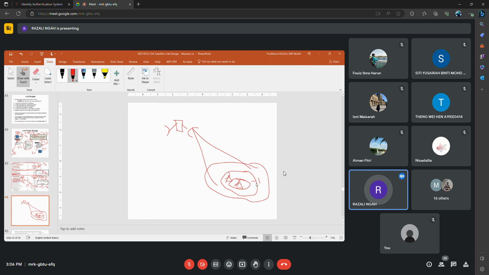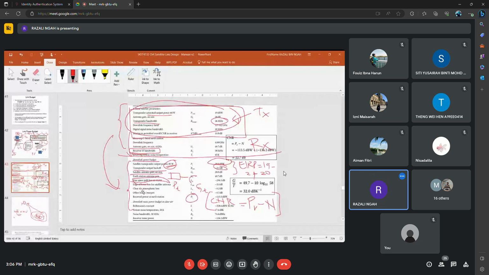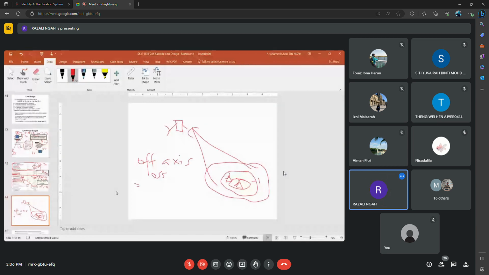This we call off-axis loss, or in the slide they call it edge of beam loss.